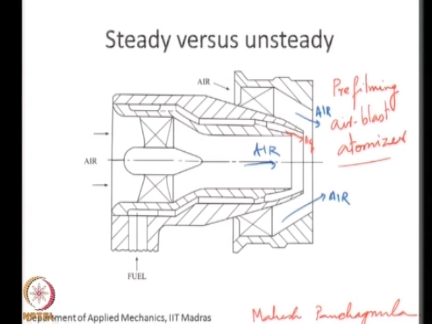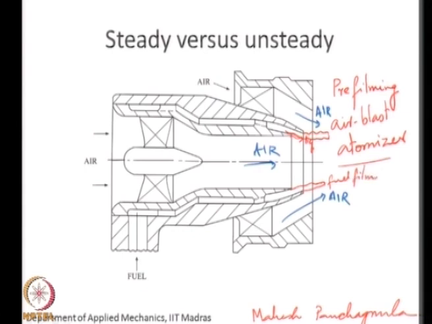So, you essentially have a liquid film that dribbles out of this annular passage, and that is impacted by air on both sides. So, this is my fuel film.